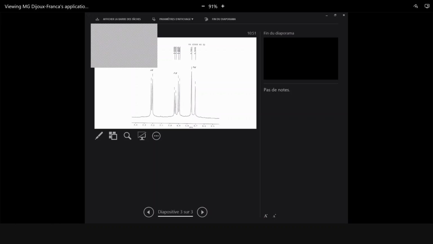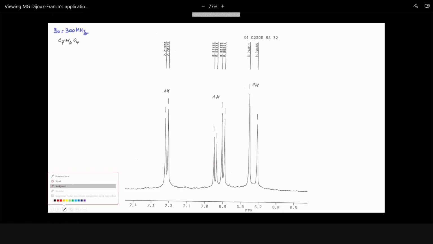So we just try. I don't know if you remember your organic chemistry lectures. Do you remember them? When we work on aromatic ring, remember we put the proton like this. And we said the COOH is there, OH is there.